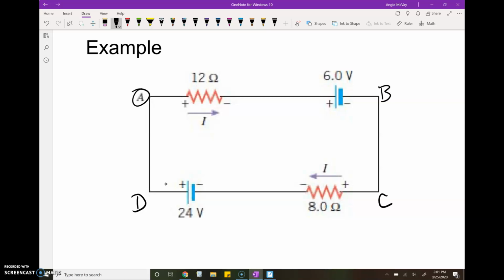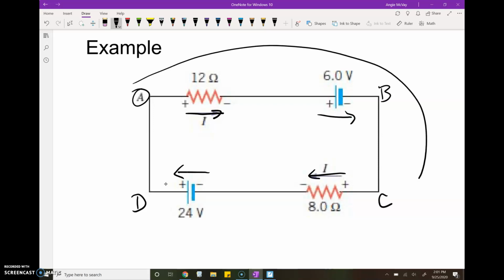So we say we've got current going around A, B, C, D, in that order. I like to draw a little current arrow next to each of the power supplies and each of the resistors.